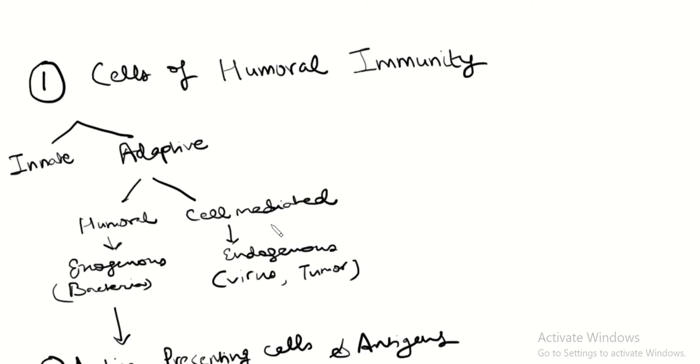And then you have the cell-mediated immunity, which helps us deal with endogenous threats like viruses and tumor. Okay, and so today we'll talk about cells that are involved in the humoral adaptive immunity.